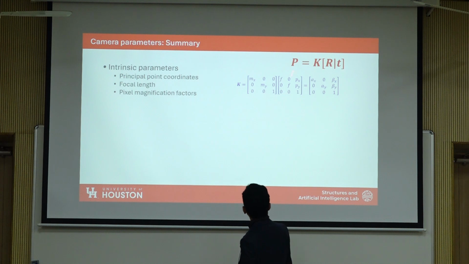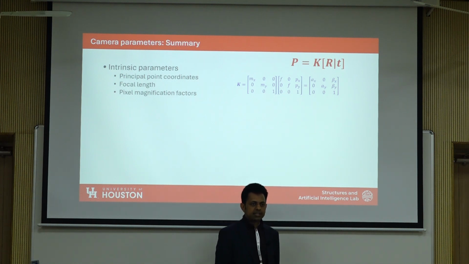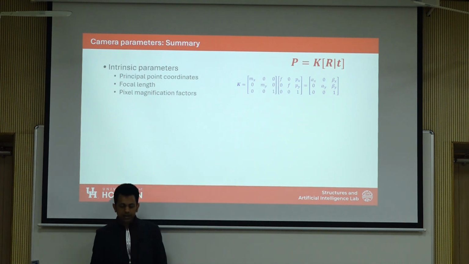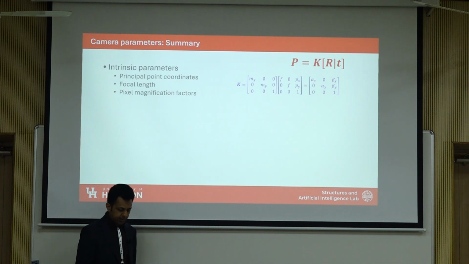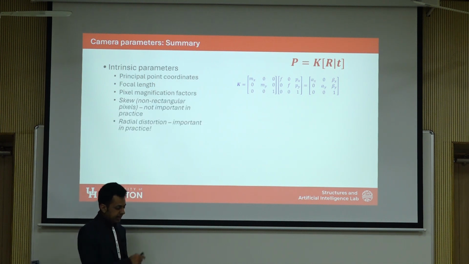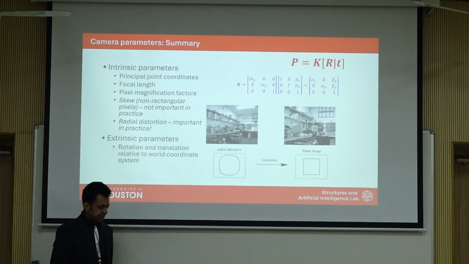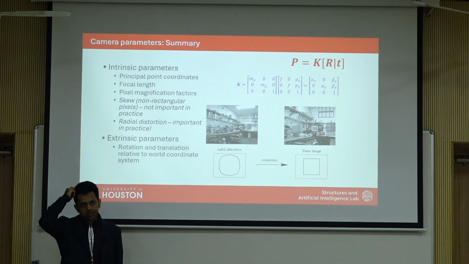So all of these zero terms, if you don't have an ideal model or ideal lens, then it's going to be non-zero, and those actually do contribute quite a bit. So those are things that you have to take into account if you want to be very accurate. So you have things like the skew, and we have the radial distortion, which is the most important in practice. And we have the extrinsic parameters, which are the rotation and the translation relative to the world coordinates.